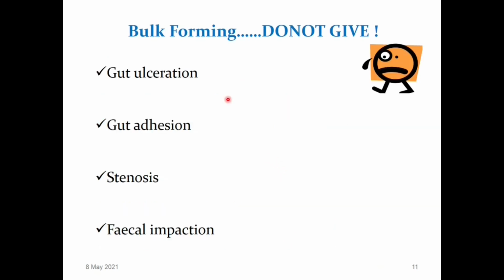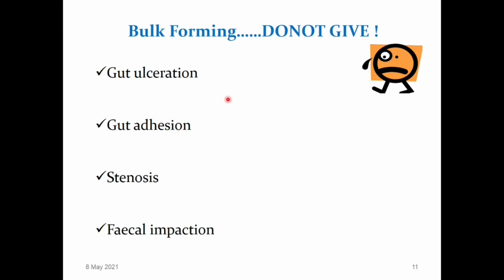Where not to give? One is gut ulceration. They can induce severe injury in the GIT. So if there is already a GIT ulceration, the injury will be more severe and result in intragastric bleeding. Then gut adhesion.